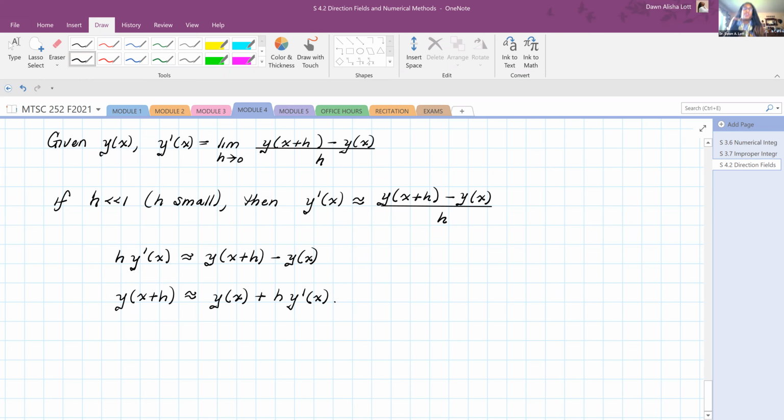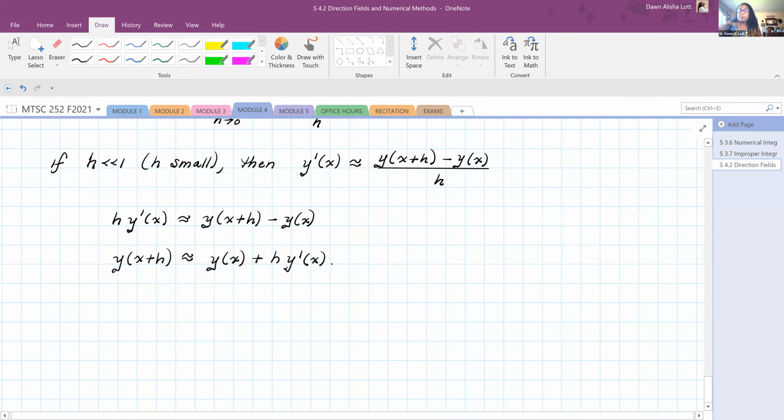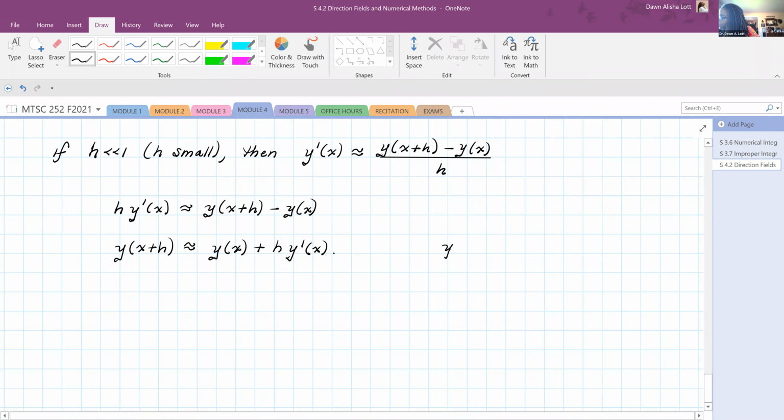Now, I'm trying to solve y prime at x is equal to a function of x and y. Why don't I plug this in here?